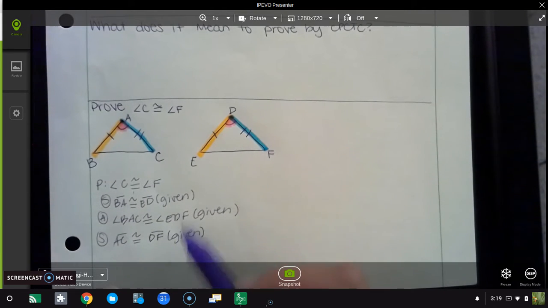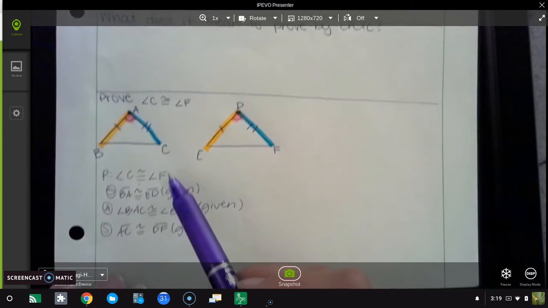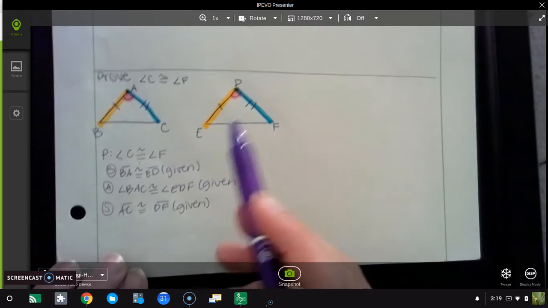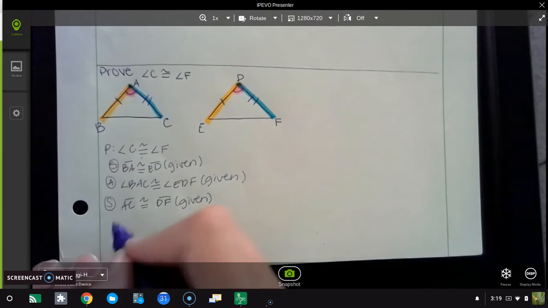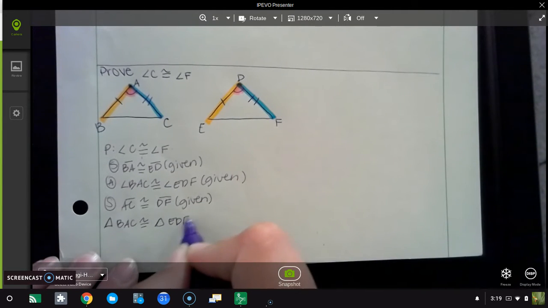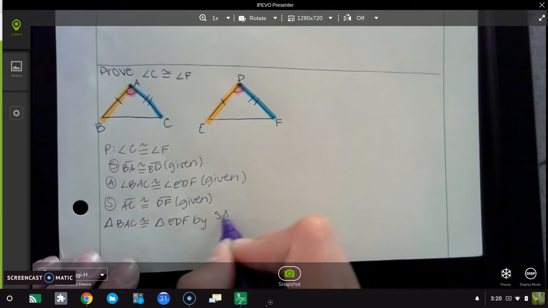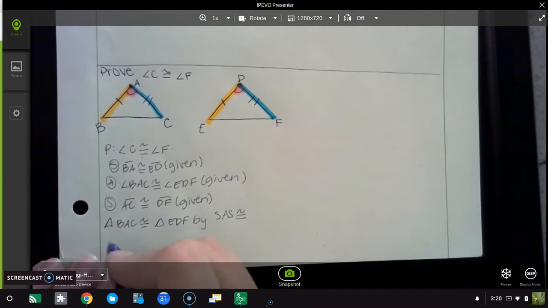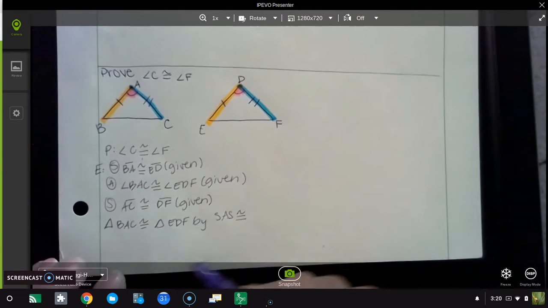So remember again, what we're trying to prove is not that two triangles are congruent. It is that we have two corresponding parts that are congruent. So I need an extra line in here saying triangle BAC is indeed congruent to triangle EDF by side angle side congruence. And that was my evidence.